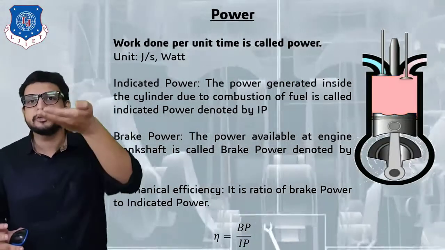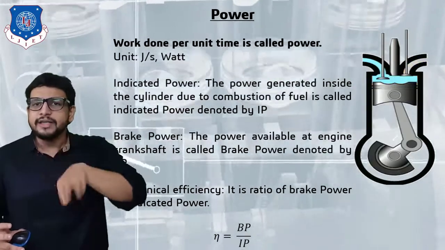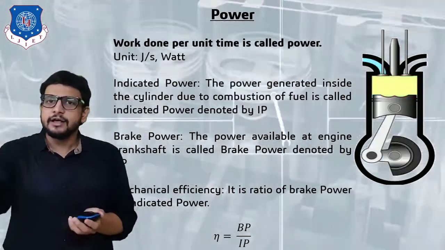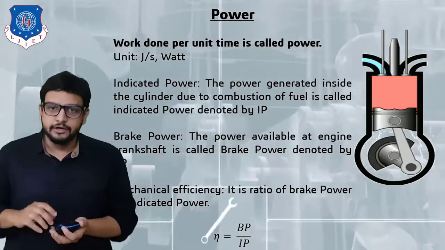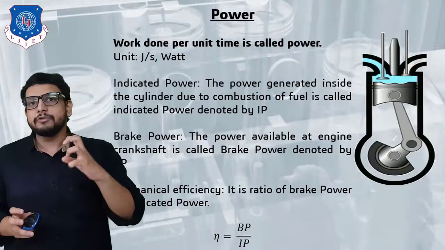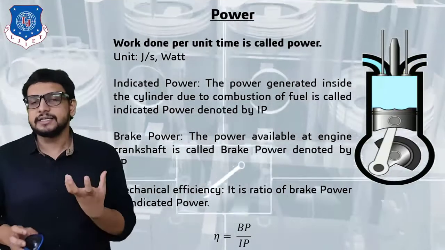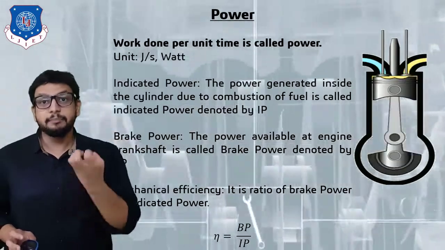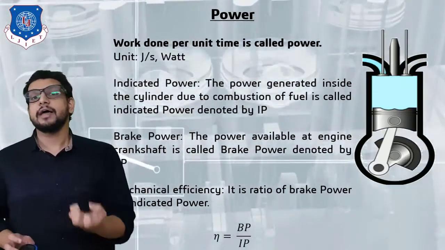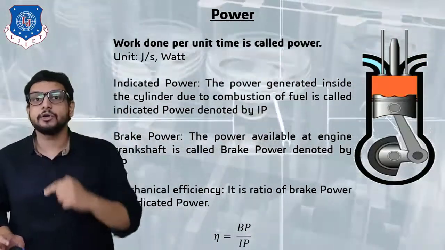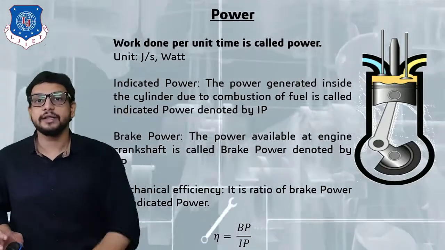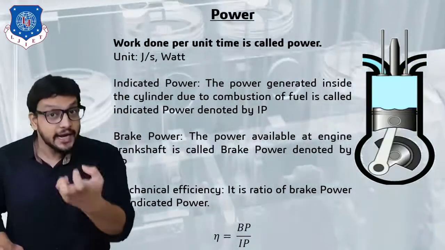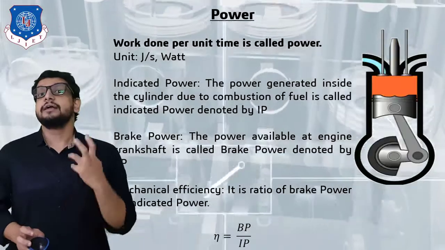Then comes the exhaust stroke, in which whatever hot gas is generated inside the cylinder leaves the cylinder. Whenever a power stroke or combustion takes place inside a cylinder, power is generated, that is, a pressure is exerted by the gas on the piston. As you can see on your screen, the piston is moving in a downward direction because of combustion. That power is called indicated power.